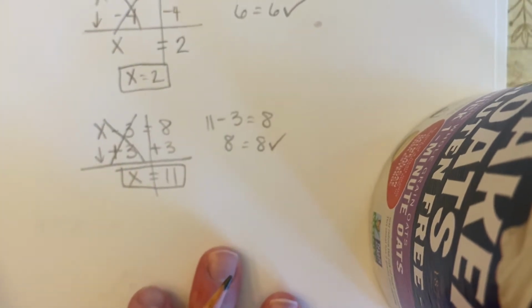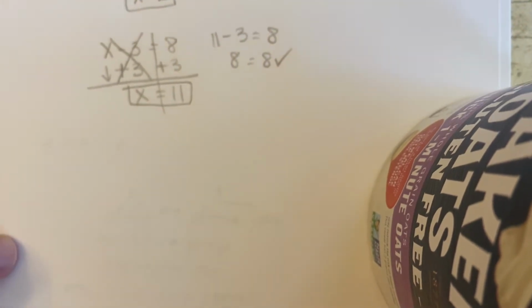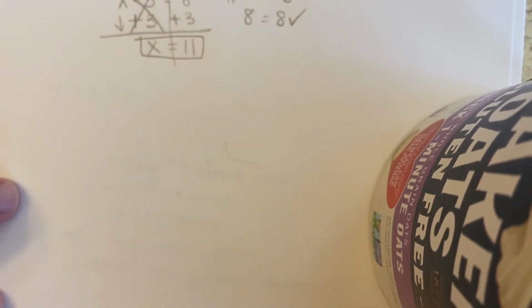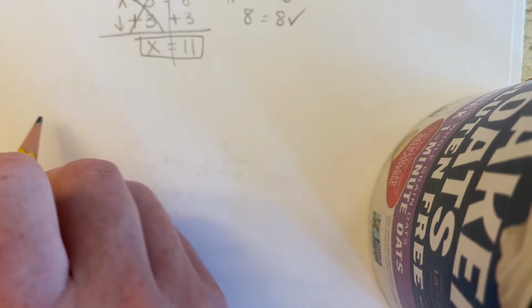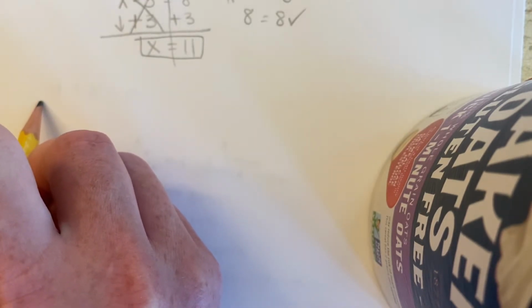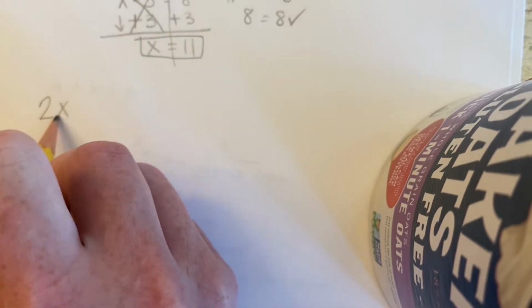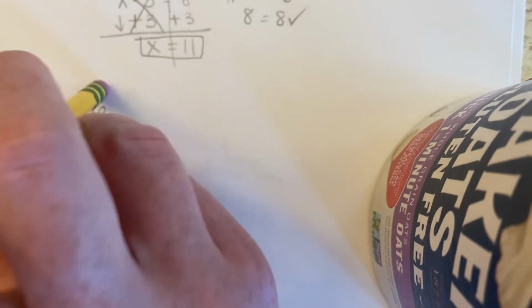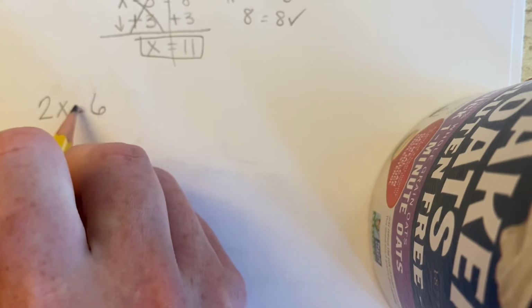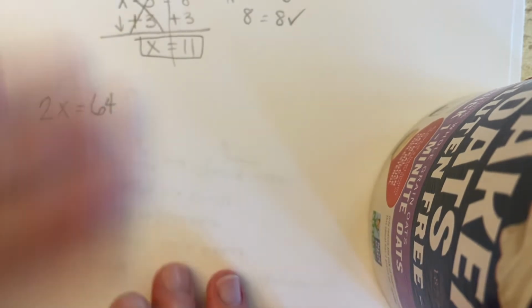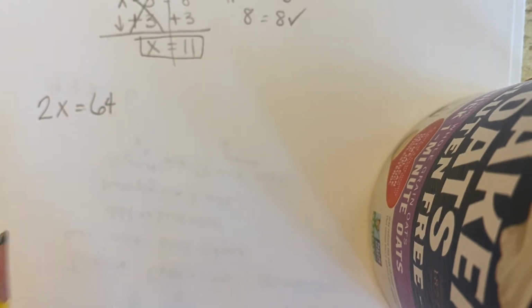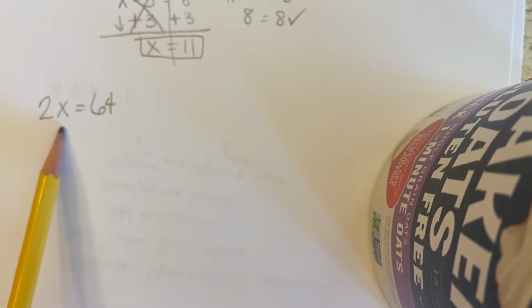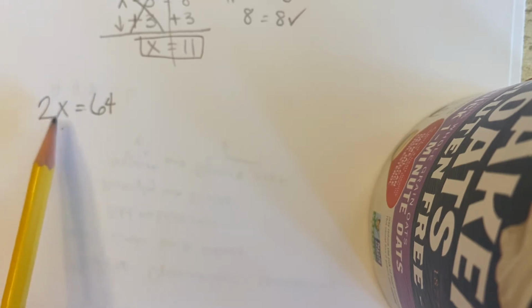Okay. Let's look at one more, actually 2 more. Let's get 2 more examples here. What happens if I see a number and a letter smooshed together side by side? Let's dig a little deeper here. Let's say 2x equals 64. What if I see a number smooshed together with a letter with no sign in between?